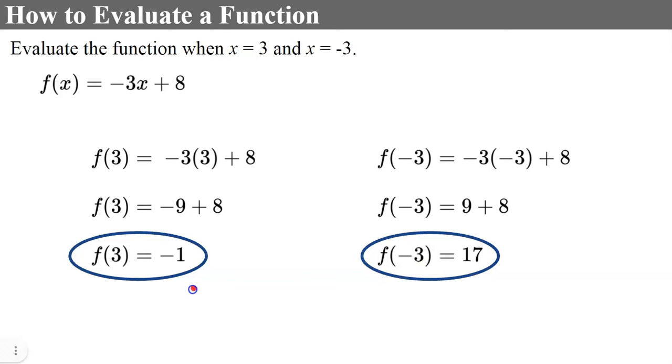These are also ordered pairs. If I was going to graph these points or these solutions to these functions, this would be the x-coordinate and then the y-coordinate. So the ordered pair 3, -1. This would be the ordered pair -3, 17. My x-coordinate, my y-coordinate.